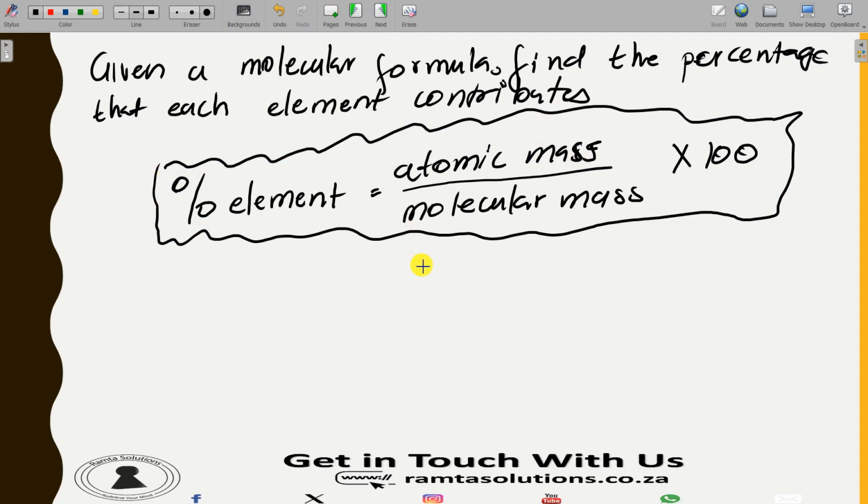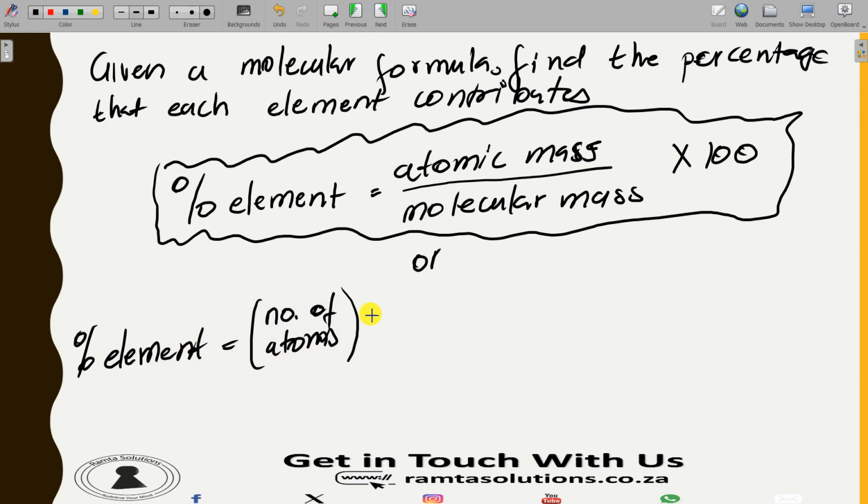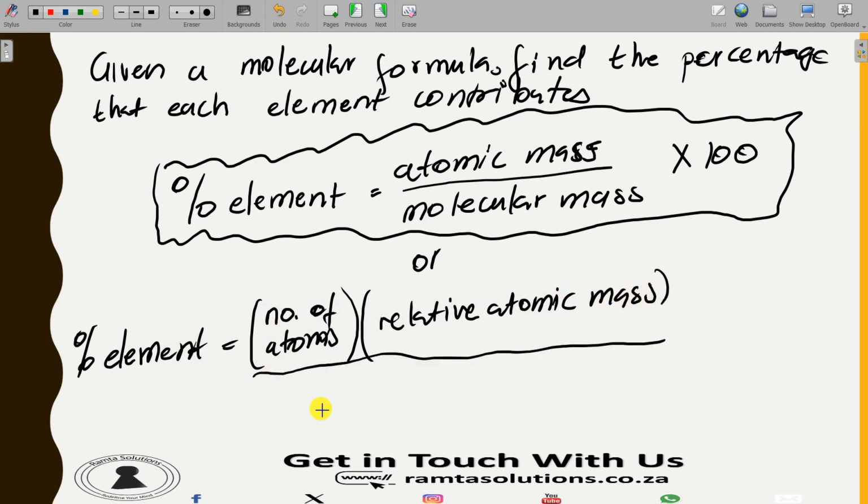Alternatively, you can say percentage element is the number of atoms multiplied by the relative atomic mass of your element, over the molecular mass, times 100, of course.